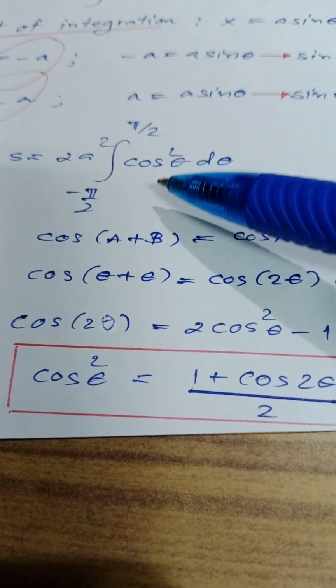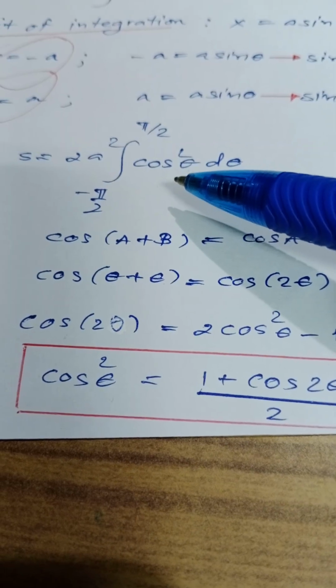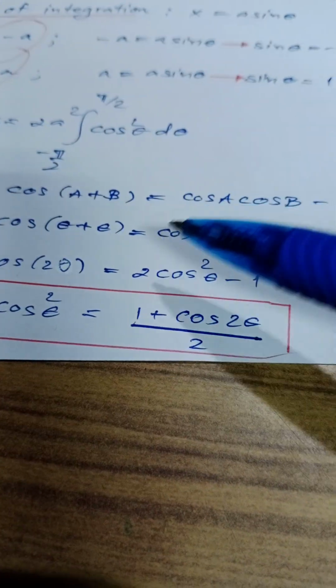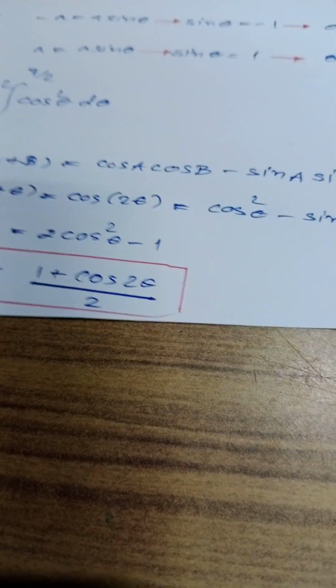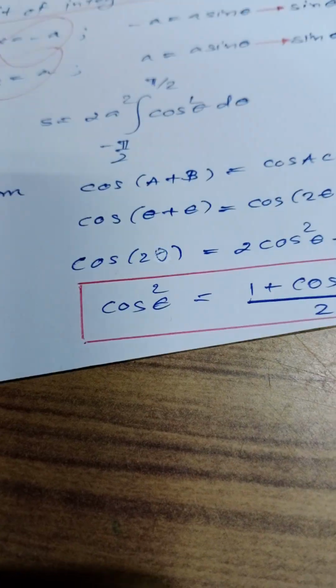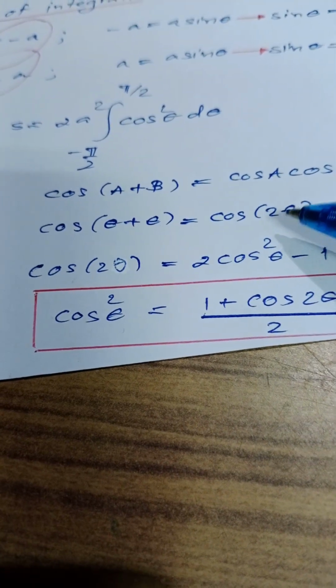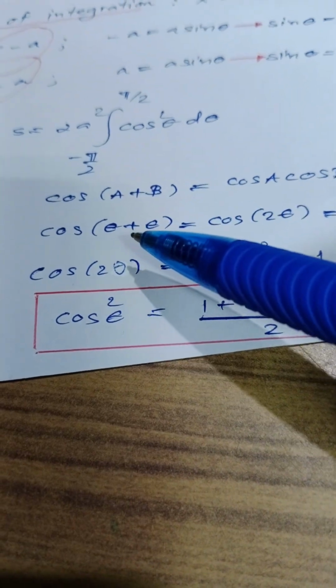Now you have to deal with integration of cosine squared theta d theta. From the property of cosine of a plus b, that's going to be equal to cosine a cosine b minus sine a sine b. And you have a cosine 2 theta, right? So that's the cosine of theta plus theta.